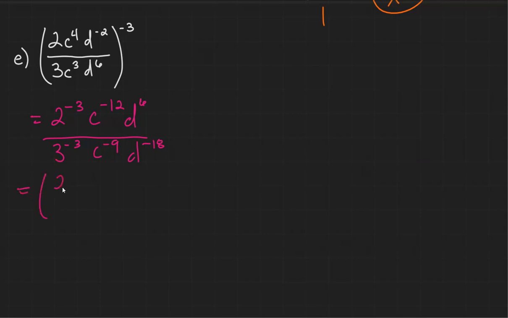So let's deal with 2 to the negative 3 over 3 to the negative 3 alone. And for this one, that's c to the negative 12 minus negative 9. This one is d to the 6 minus negative 18.